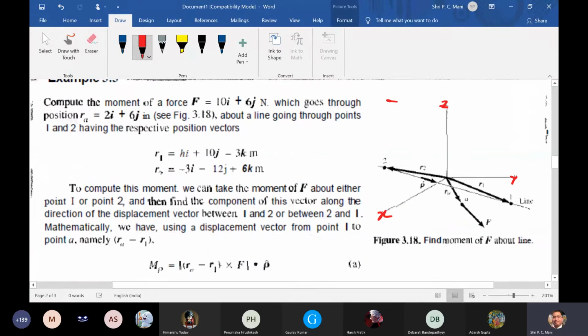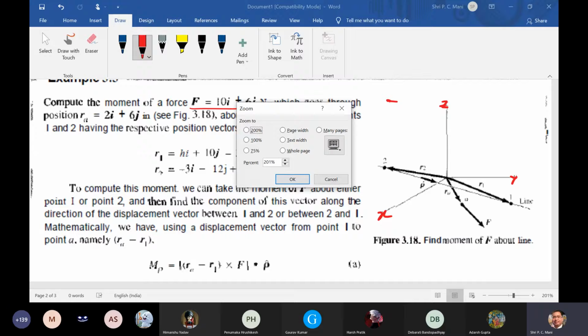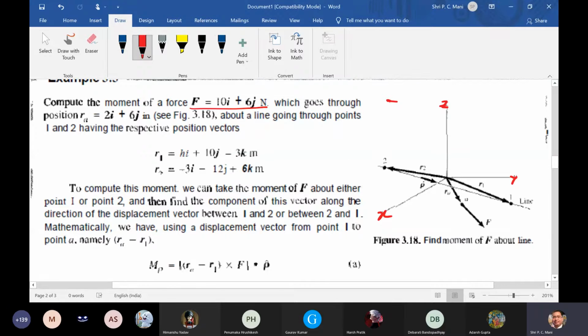Now it is said that the force vector is F equal to 10i plus 6j Newton. Okay, clear?